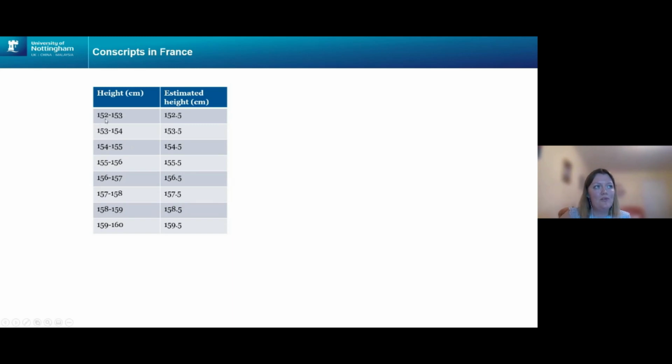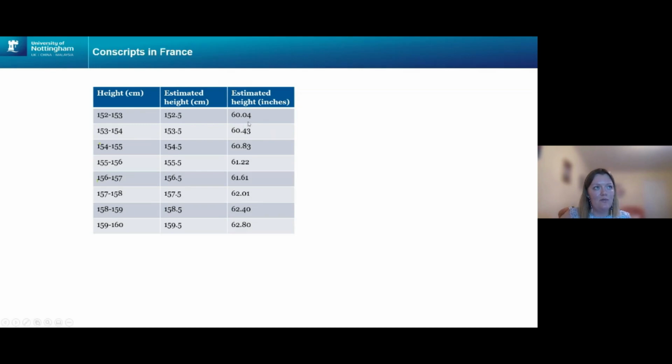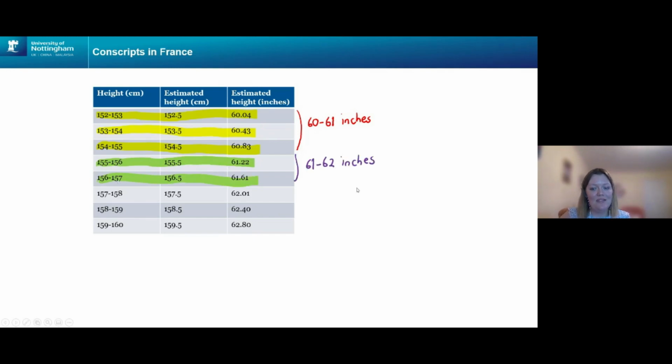Well, a height of between 152 and 153 centimetres, if we say that that's 152.5, then changing that to inches gets us 60.04, for example. And we can see that the ones in yellow, so the heights between 152 to 155 centimetres, would be classed as 60 to 61 inches, whereas the heights between 155 to 157 centimetres would be classed as 61 to 62 inches using this method.